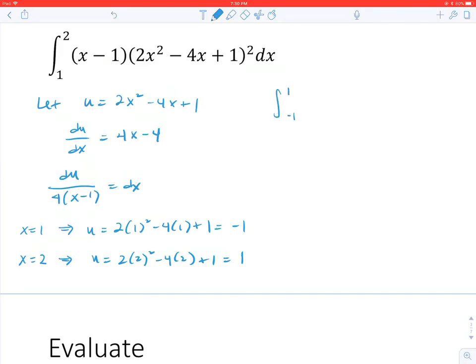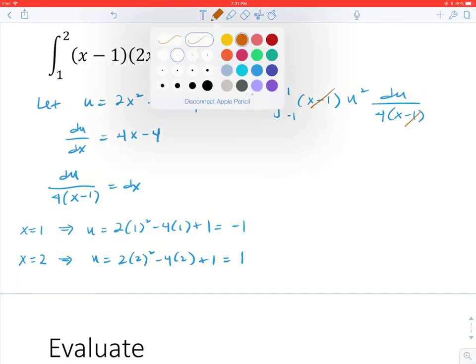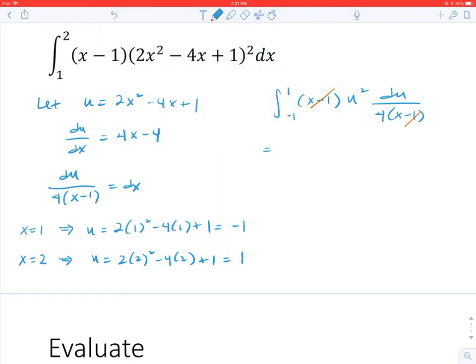So we'll have the integral from -1 to +1 of, we still have that x minus 1 times u squared du over 4 times x minus 1. So the x minus 1's can cancel. And we'll have the integral from -1 to 1 of 1/4 u squared du.